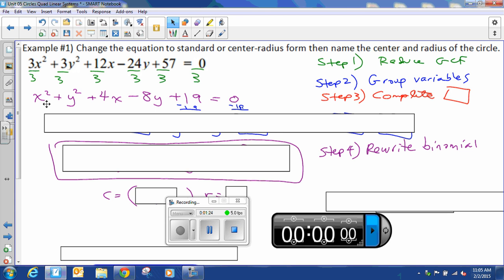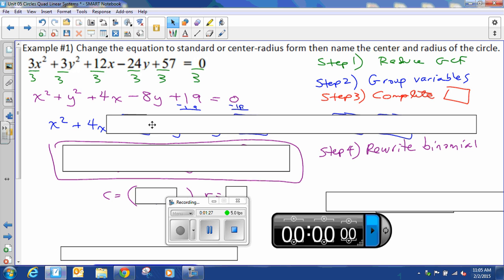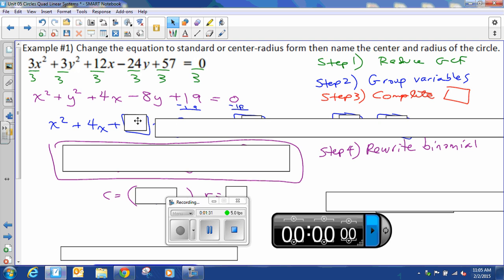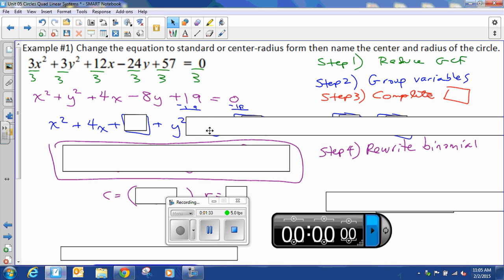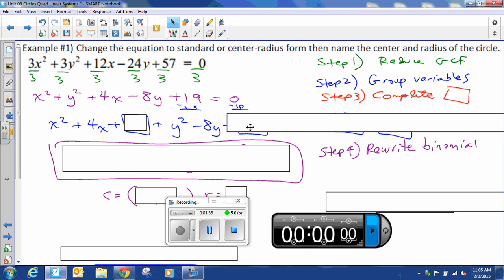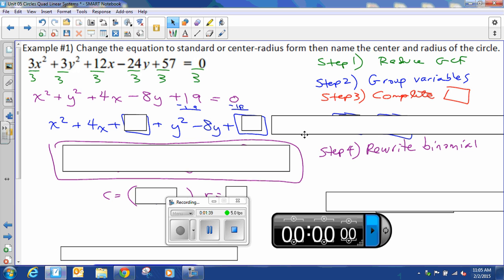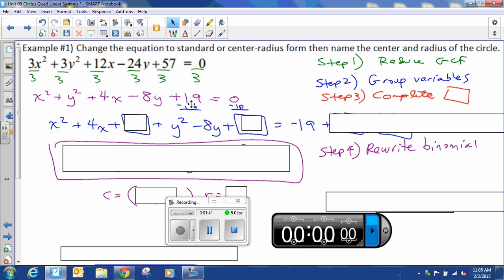And then let's group together the x's. So we have x squared plus 4x plus box plus y squared minus 8y plus box equals negative 19 plus box plus box.